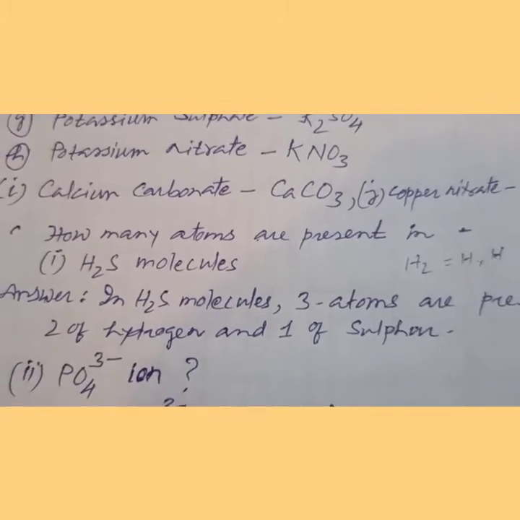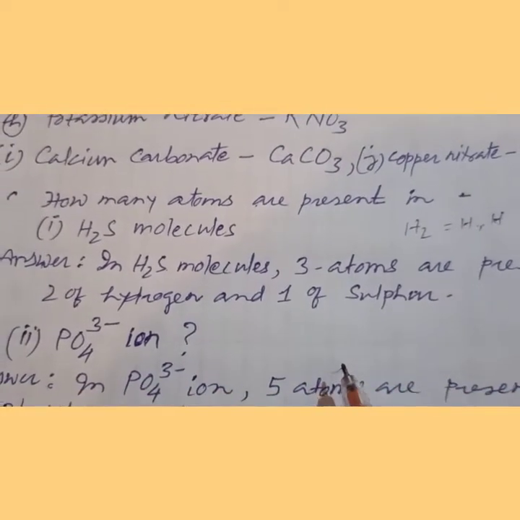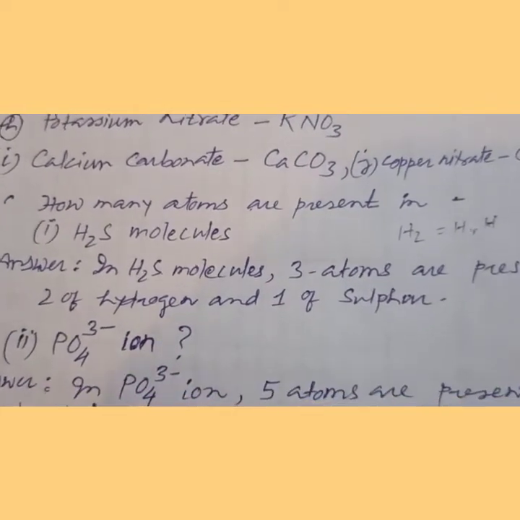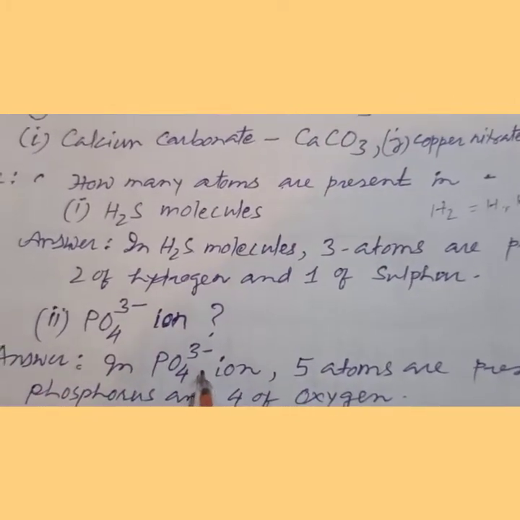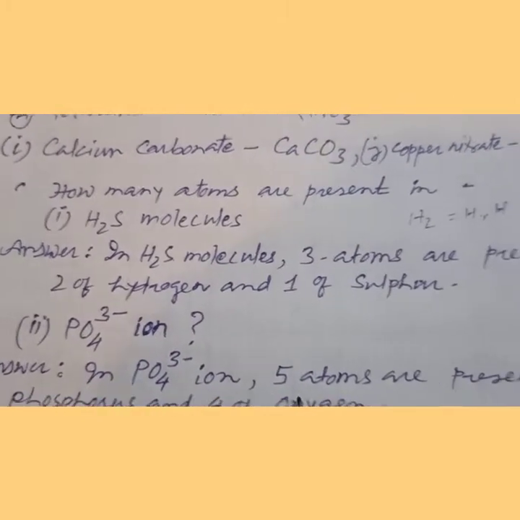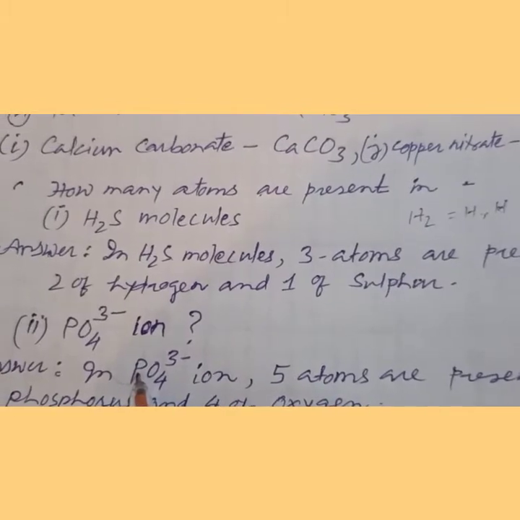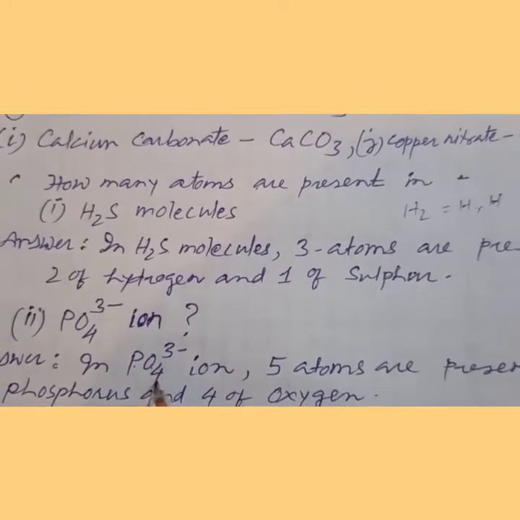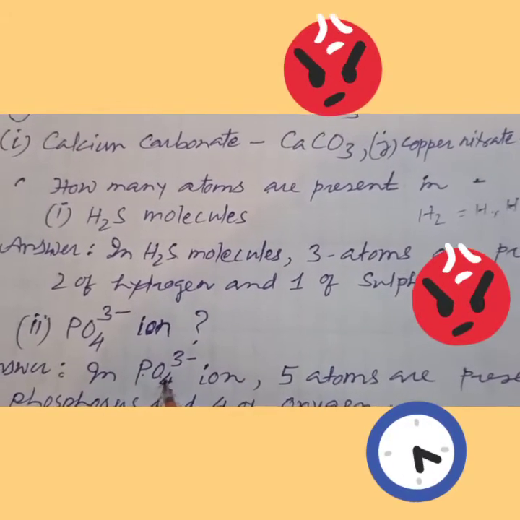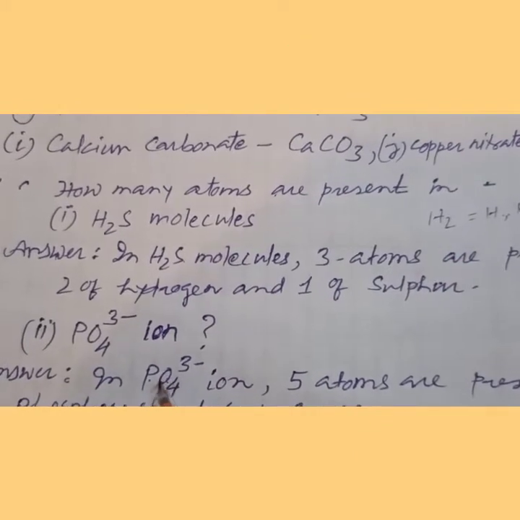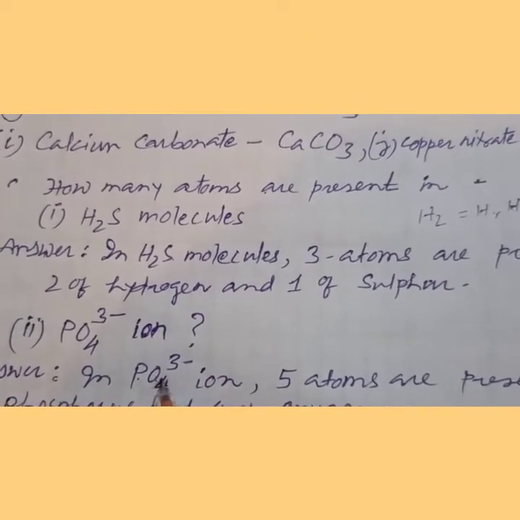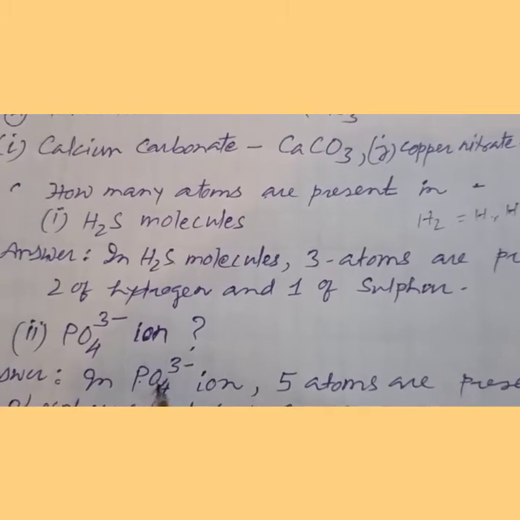The next question is given: PO4 ion, okay. In a PO4 ion, definitely the number of P is 1, and the number of oxygen is 4, O into 4, that means 4 atoms are there. So you write 4 atoms of oxygen are there.